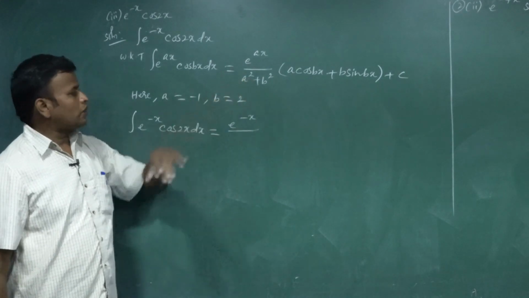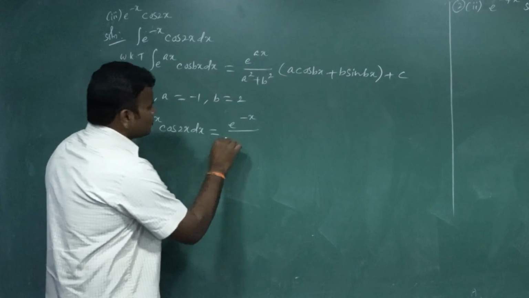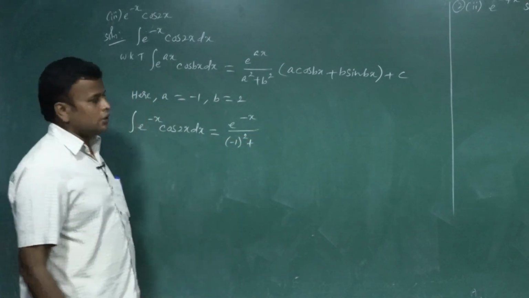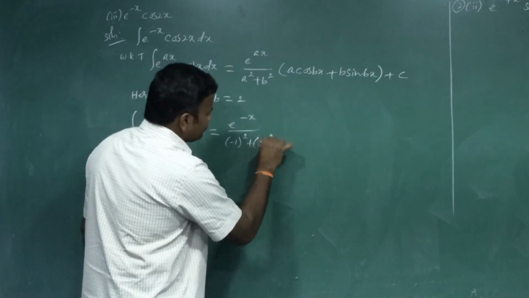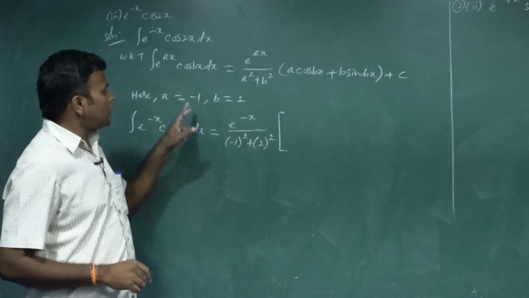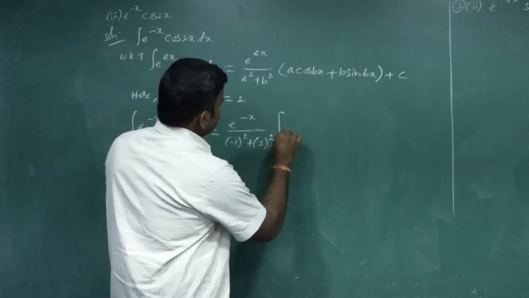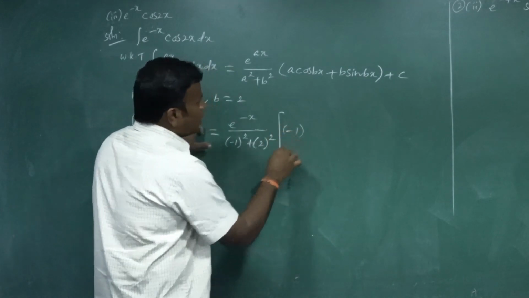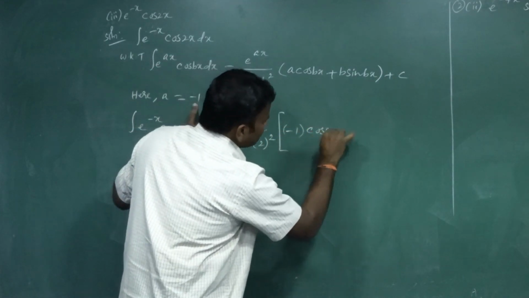Divided by a square plus b square. a square, minus 1 the whole square, plus b square is 2 square. a cos bx, the value of a is minus 1, minus just 1 of cos 2x.